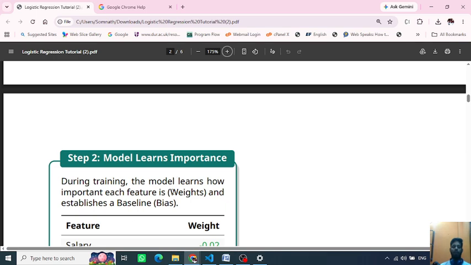Now come to the model learning part. During training, the model learns how important each feature is. It is called weight, and it establishes a baseline or bias as well.